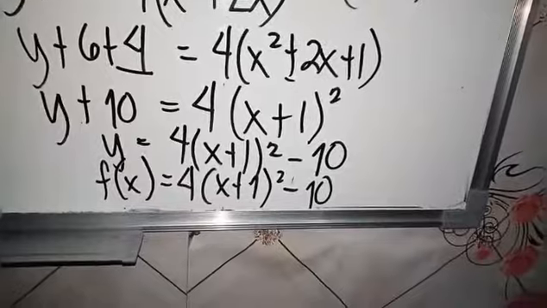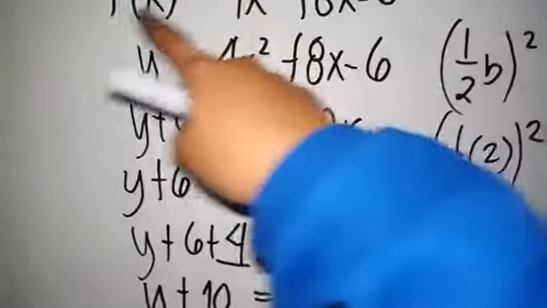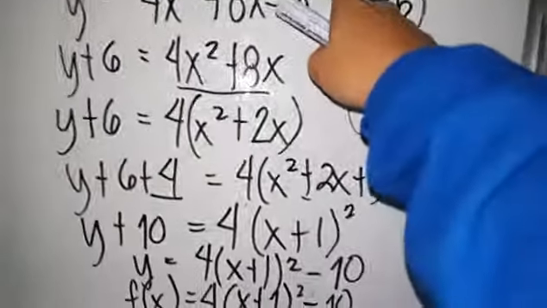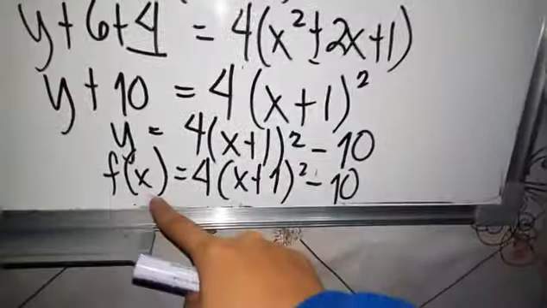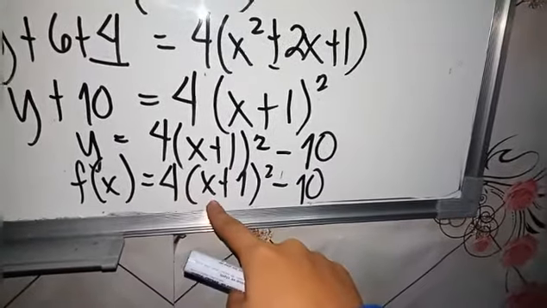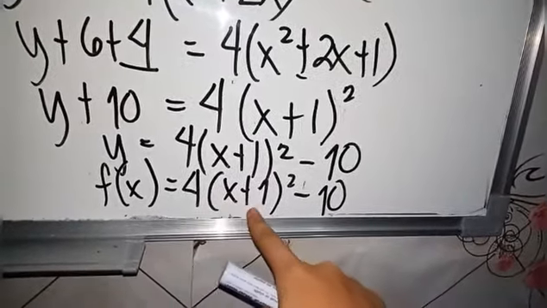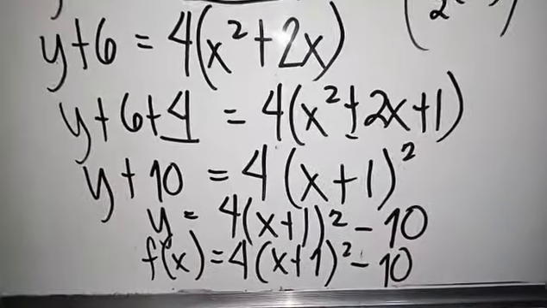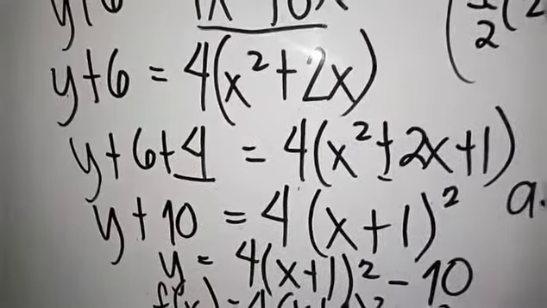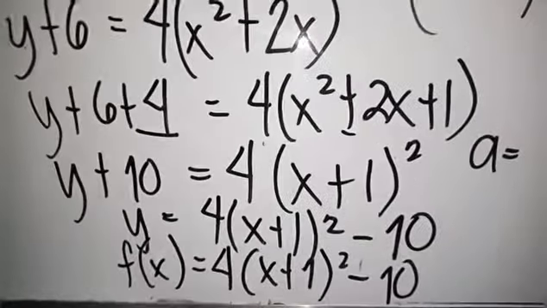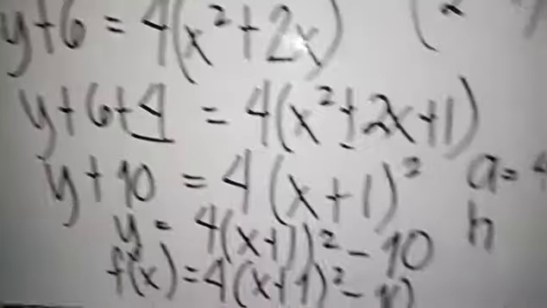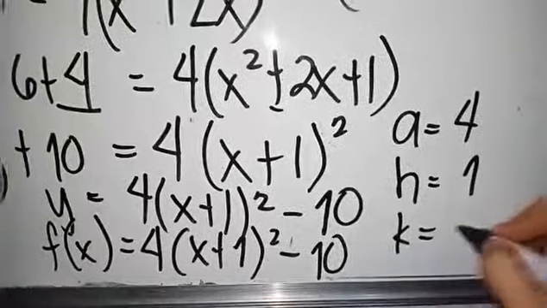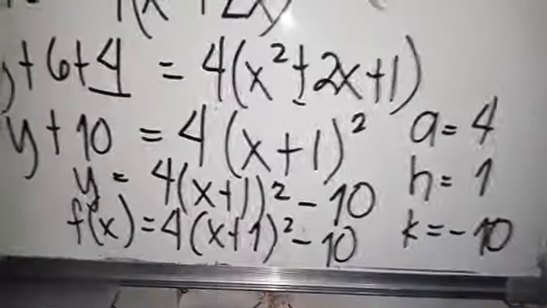So, yung ating f of x is equal to 4x squared plus 8x minus 6 is the same as f of x is equal to 4 times the quantity x plus 1 quantity square minus 10. Where yung ating a is equal to 4, yung ating h ay positive 1, then yung ating k ay negative 10.